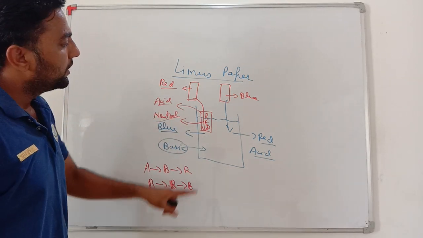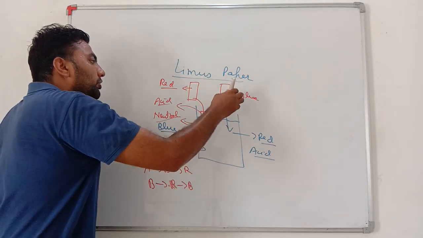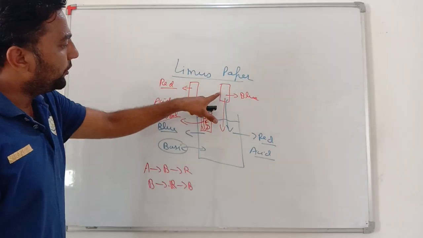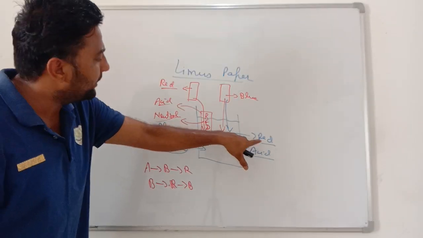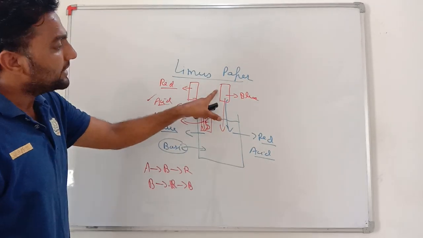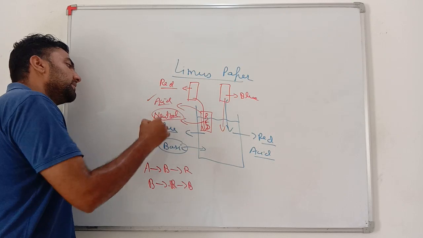To confirm whether this is acidic or neutral, I need to put another litmus, that is blue litmus. If this blue litmus converts to red, then it is guaranteed acidic in nature. But if this litmus does not convert into red, then that material is neutral.